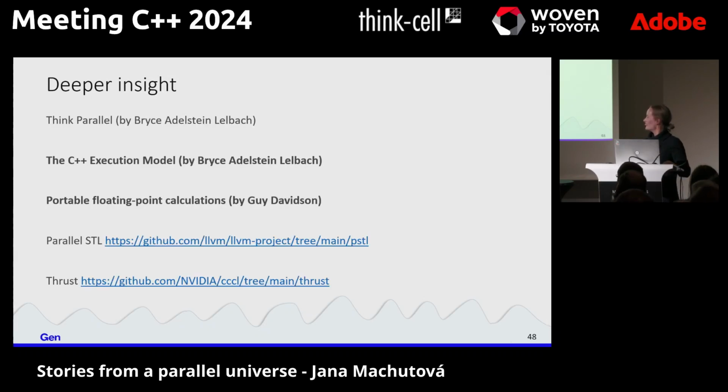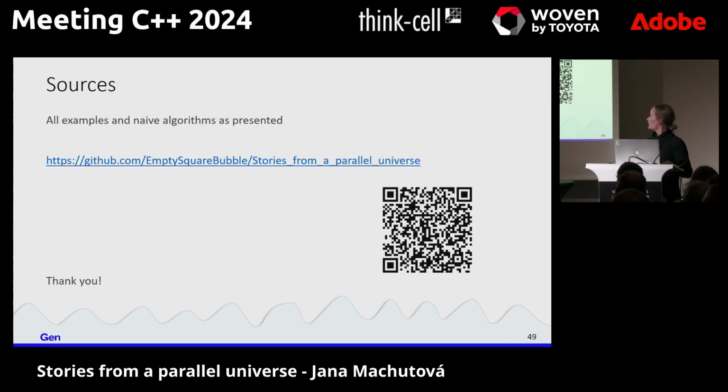And if you want to dig deeper into how it is actually implemented, there are two implementations of the parallel library available. And all the examples I showed are in here together with the presentation. So if you want to play with that a bit, you can try it out.